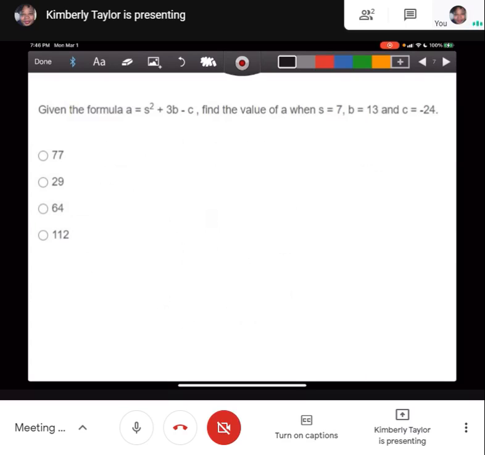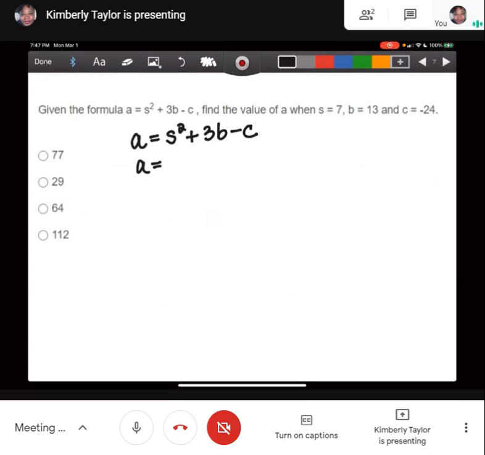For this question, it says, given the formula A equals S squared plus 3B minus C, find the value of A when S is 7, B is 13, and C is negative 24. So I'm going to rewrite the formula, and then replace the variables with the numbers.